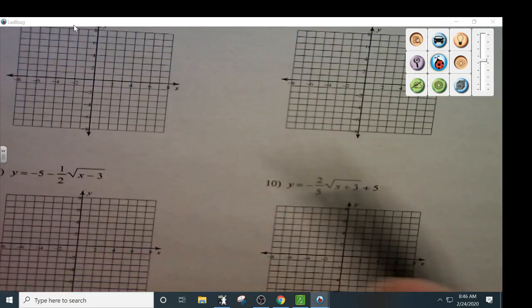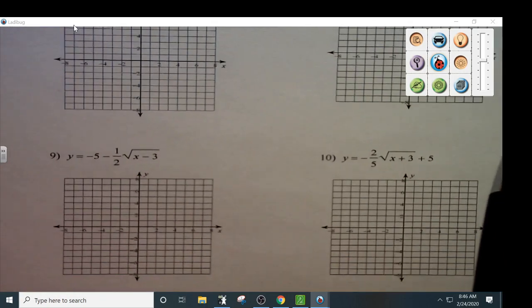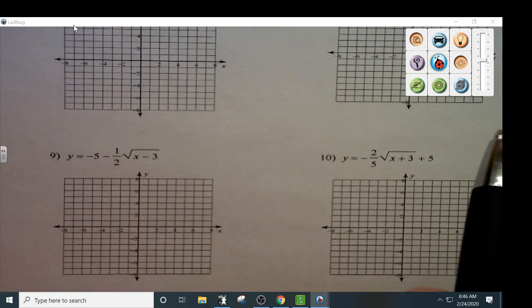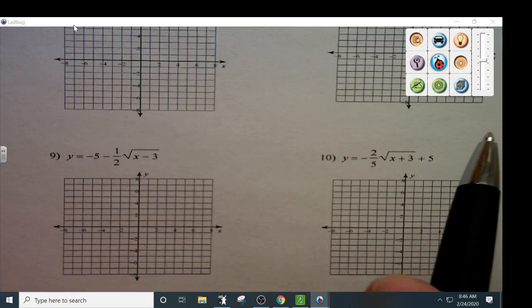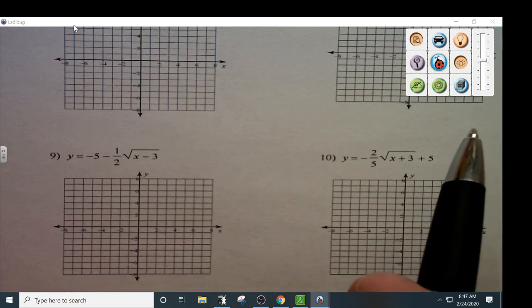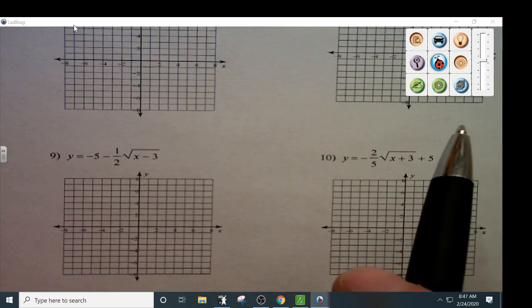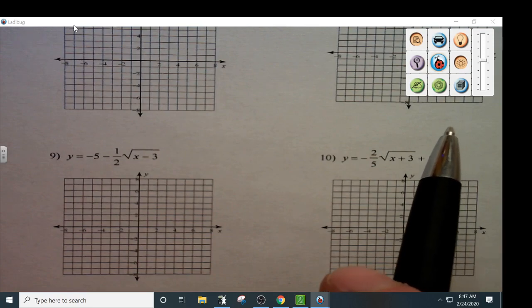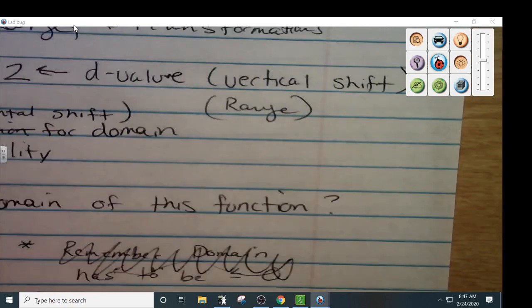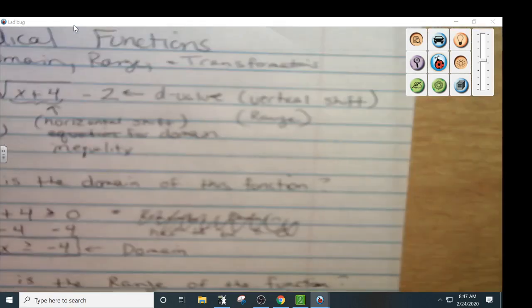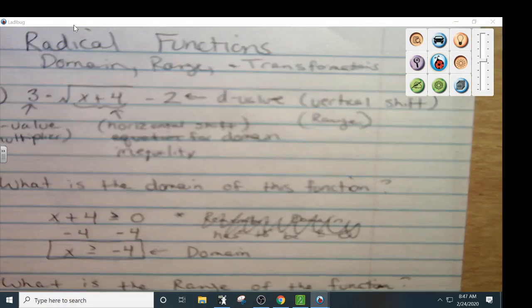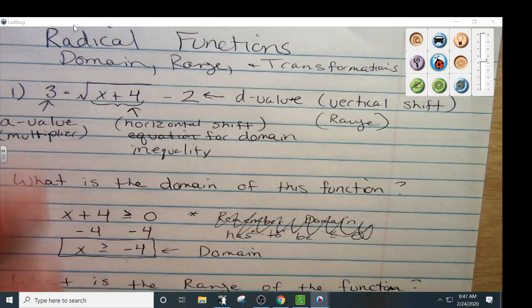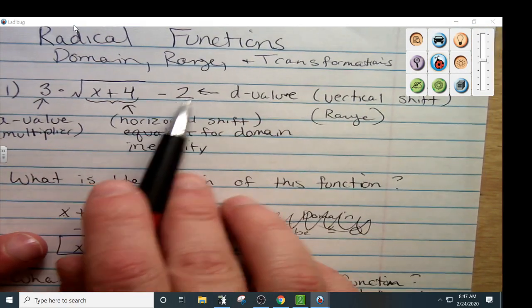Guys, let's look at number 9 because this is going to be a good one to go with. Another thing I was thinking about, because we're doing sine and cosine functions in Math 3, is this number right here, the number outside.